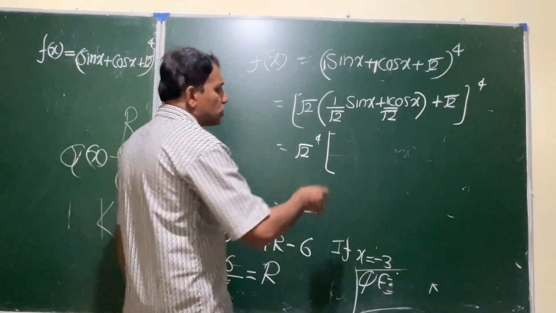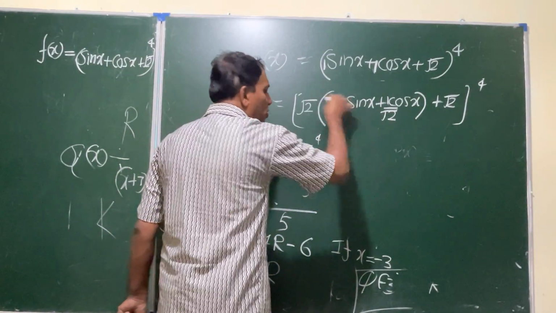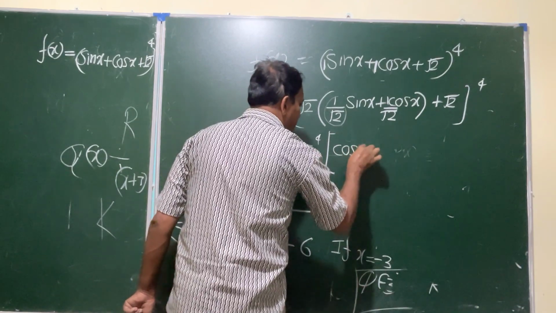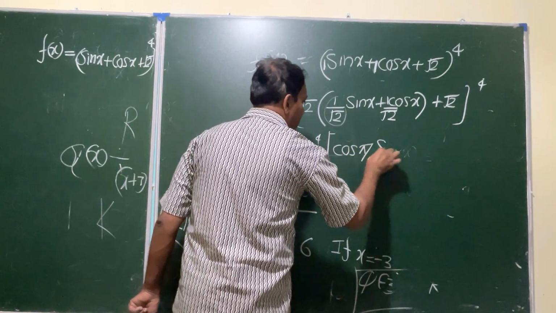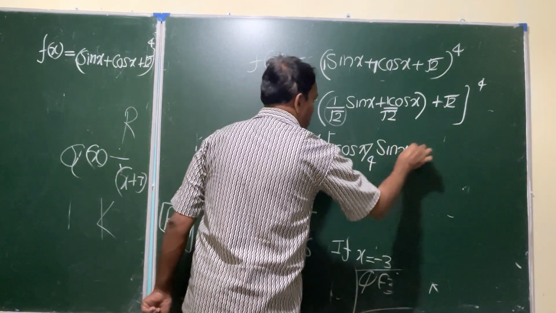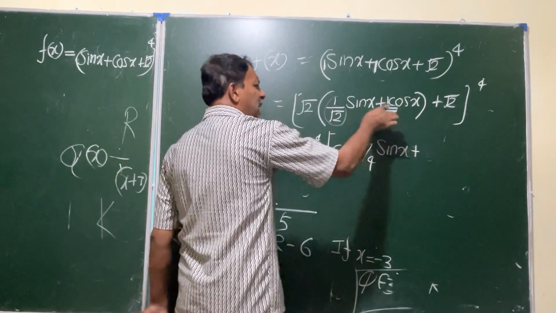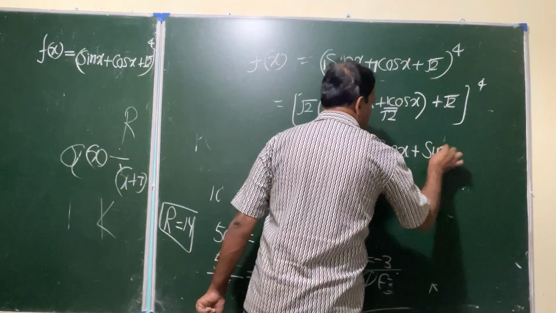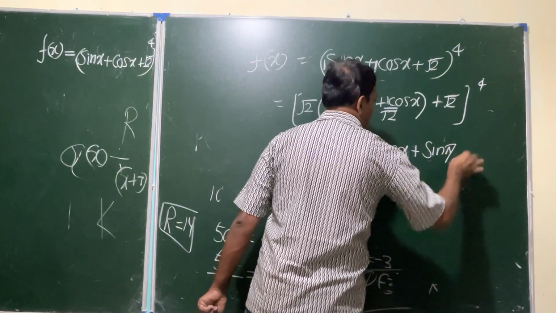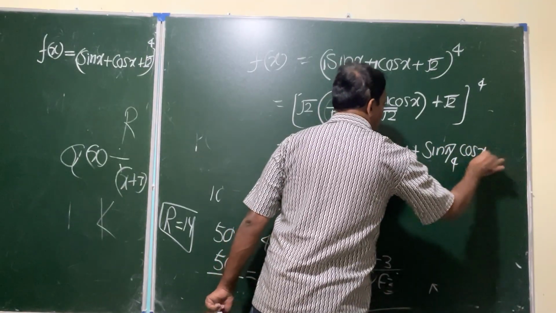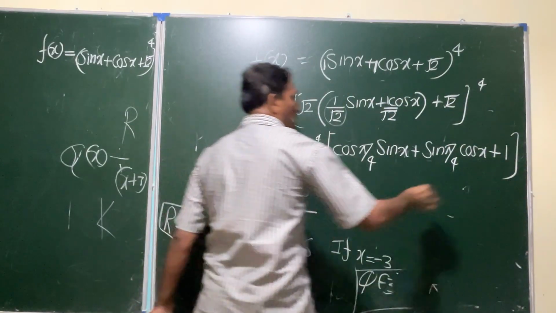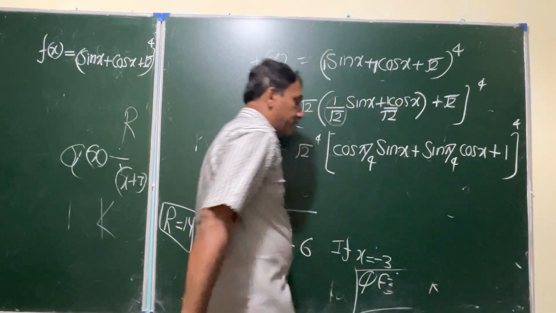In this case, you apply 1 over root 2 as cos pi by 4, cos 45 degrees, times sin x. This is cos 45, and this one is sin 45, sin pi by 4, times cos x. And plus this is 1 because I took the root 2 out.